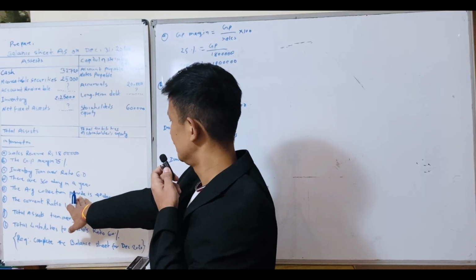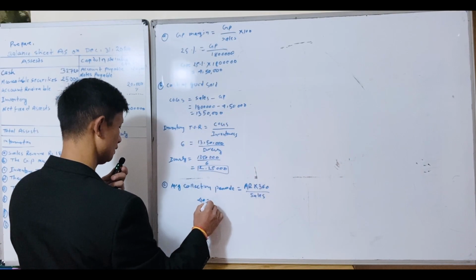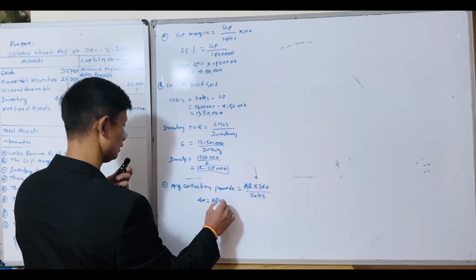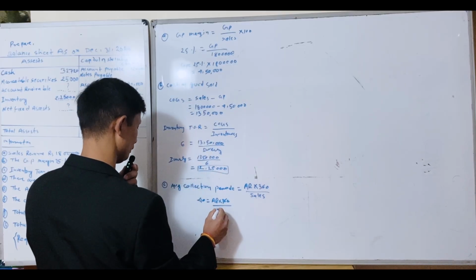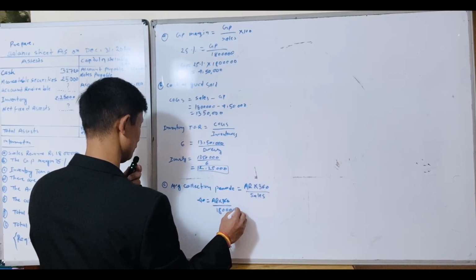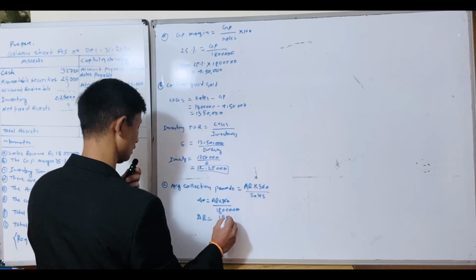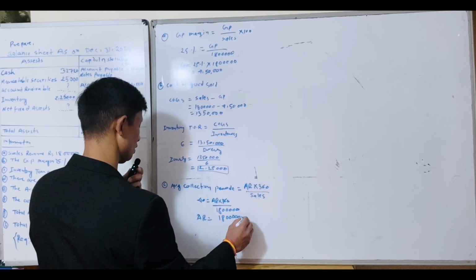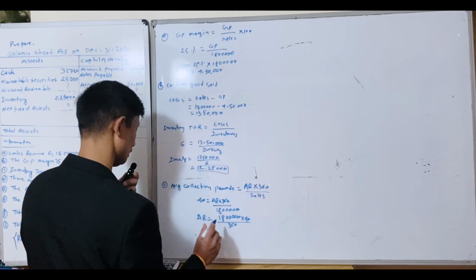Average collection period is 40 days. In the informations it is given 40 days. Average receivable 360. Sales is we are given again 18 lakh. So in this way we can find out account receivable is 18 lakh multiplied by 40 divided by 360 days.